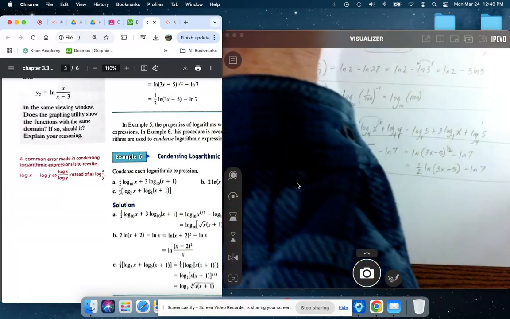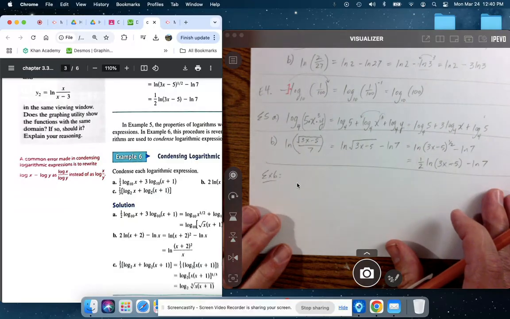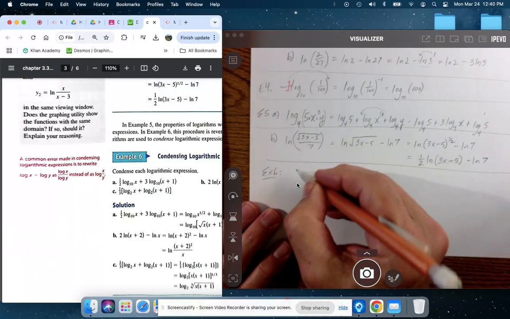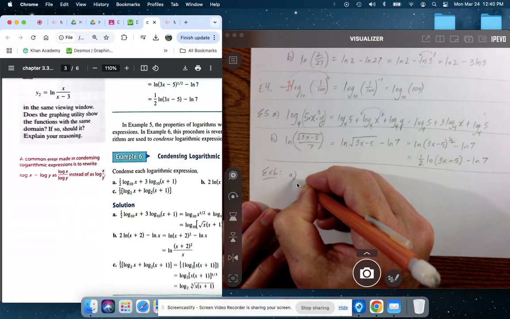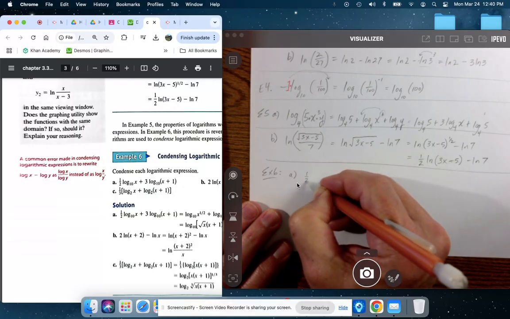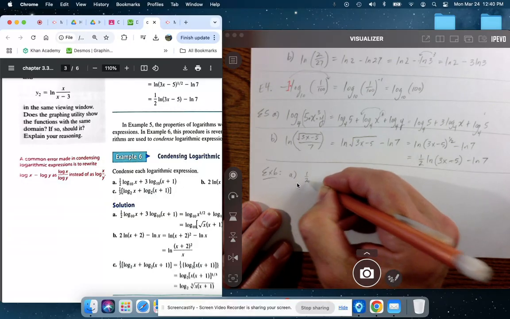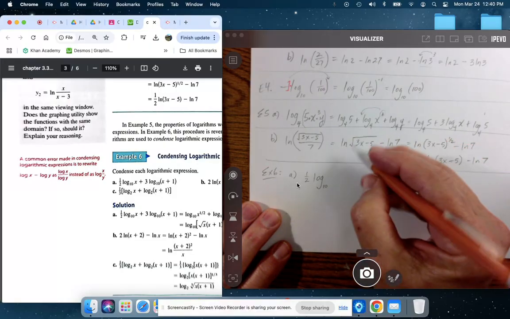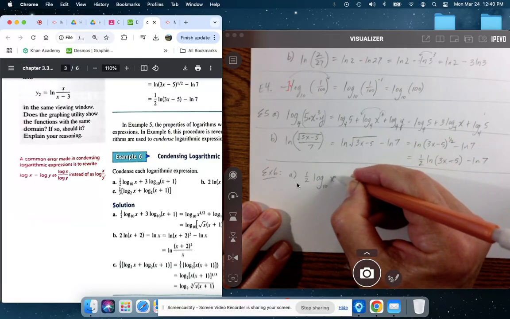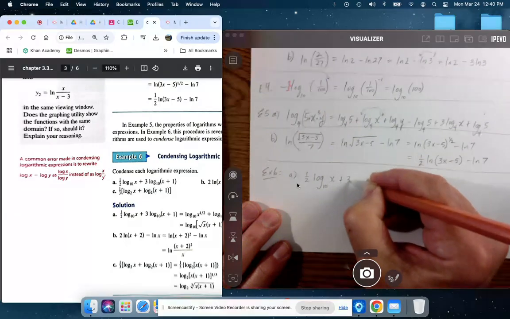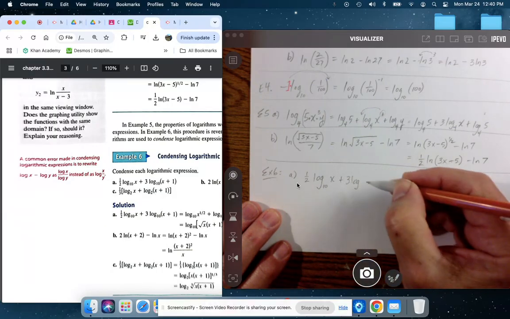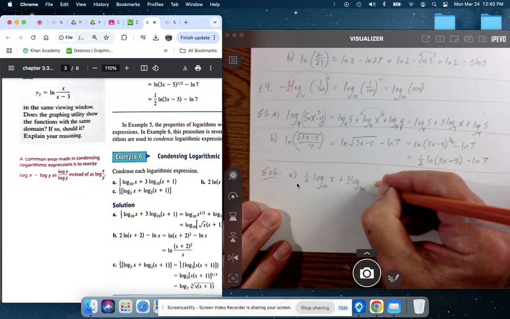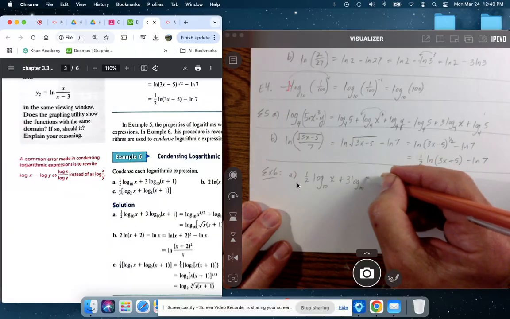Okay, so I've got, let's see, this is A. 1/2 log base 10 of x plus 3 log base 10 of x plus 1.